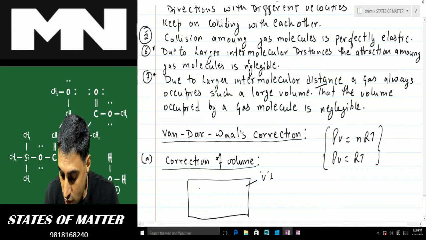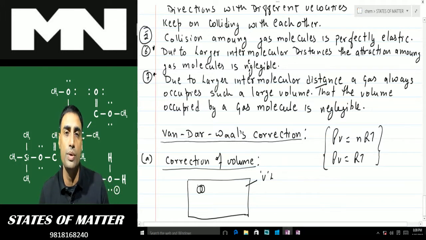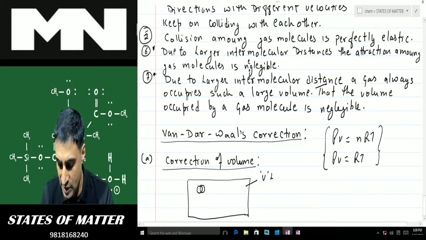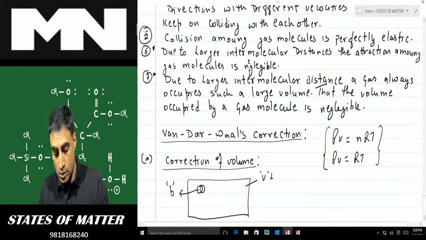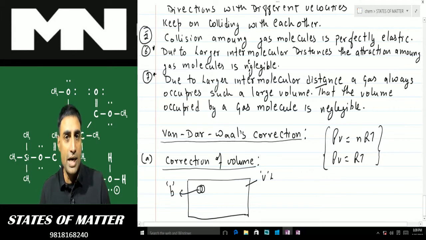A gas molecule is confined inside this container. Suppose this is a gas molecule O2, N2, F2, Cl2, Br2. And this gas molecule is occupying a volume B. Again, the gas molecule is confined in a container of V liter capacity. The volume of this gas molecule is B.